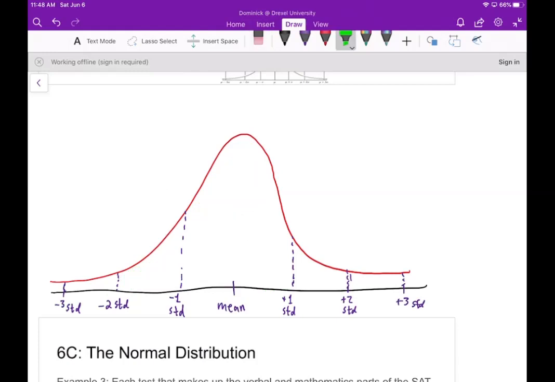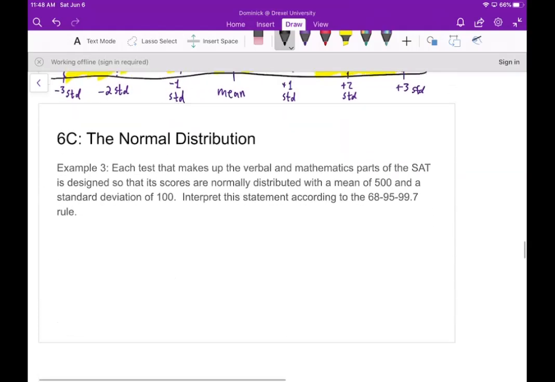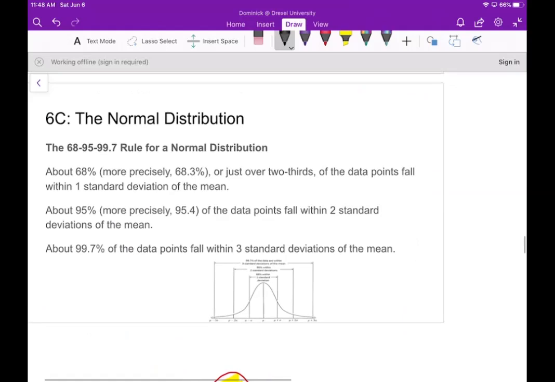Now, if you look at all of this, so everything in between these 2, we're looking at all this stuff. In this region, you now have 99.7% of the data points. So only 0.3% would be outside of this region. Okay, so that's what we mean by the 68, 95, 99.7 rule.